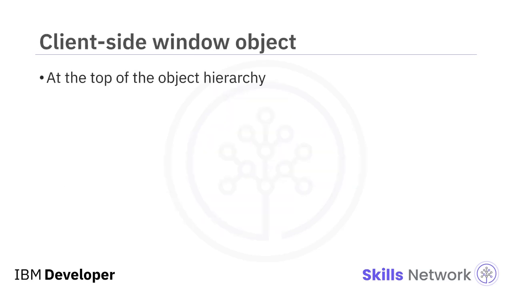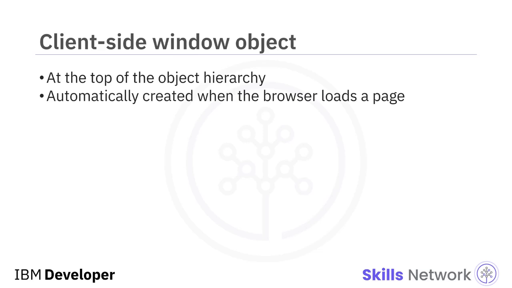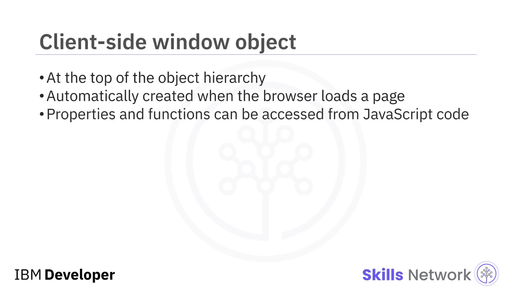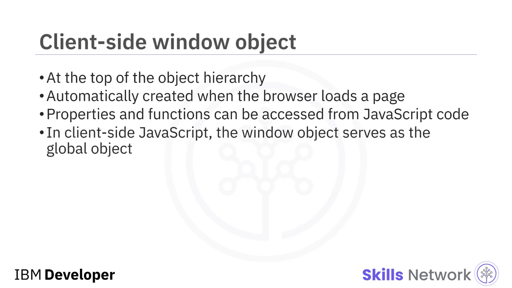The window object is the outermost global container of all the objects in the DOM hierarchy. When the browser loads a page, a window object is automatically created for you. You can then access the window object properties and functions from your JavaScript code. In client-side JavaScript, the window object serves as the global object, and everything in the DOM takes place in a window.